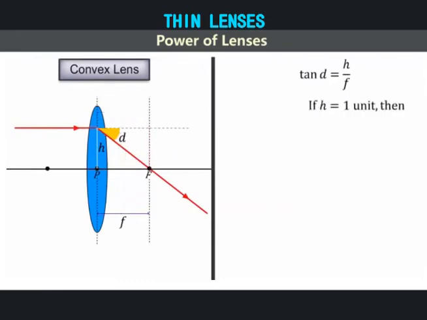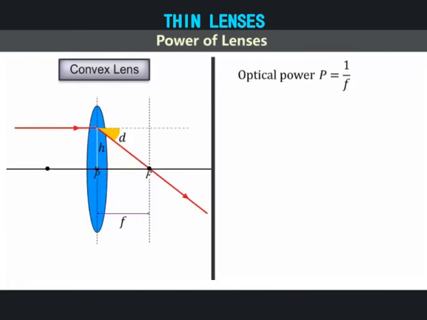If h is equal to 1 unit, then tan d is equal to 1 over f. But from the definition, tan d is the power of the lens, and therefore optical power P is equal to 1 over f. That means optical power of a lens is the reciprocal of its focal length.